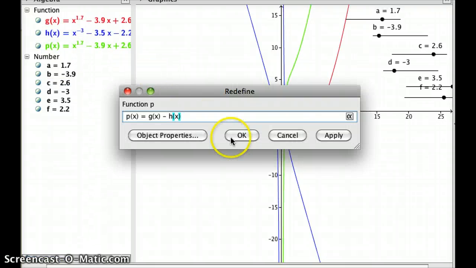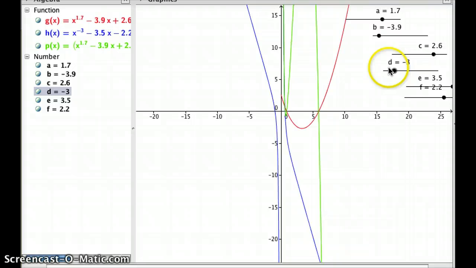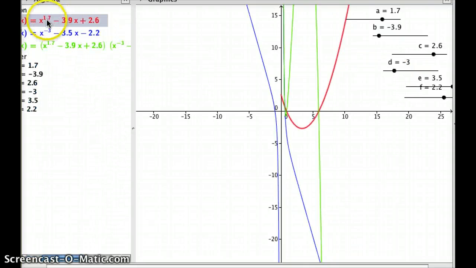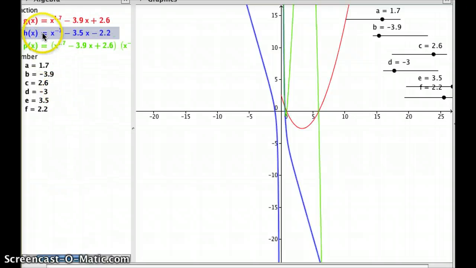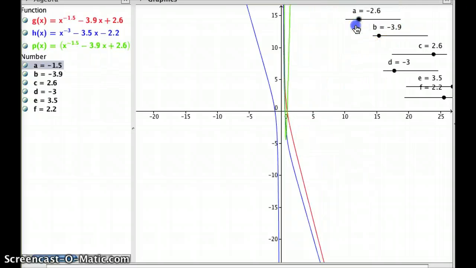Well, what would happen if we actually multiplied the two functions together? Now that we have multiplied them together, as seen right here, we've taken g of x and multiplied it with h of x to create our new p of x. Let's see what happens when we change the slopes.